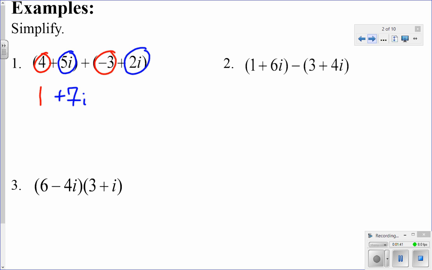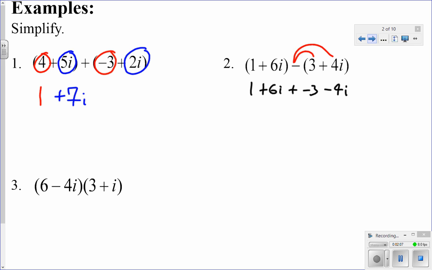Subtracting is very similar, but we've got to remember to do our distribution of this -3 to the -3 and -4i. Sometimes I like to just write this out and treat it like an addition problem. So then I get 1 plus 6i plus -3 minus 4i, and I've already distributed that through.